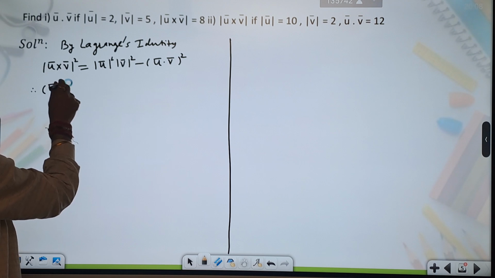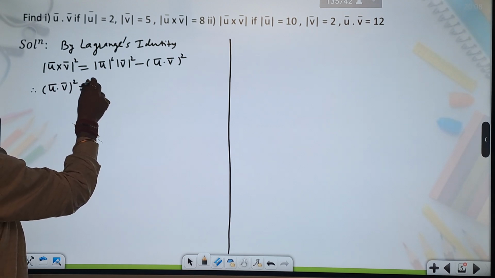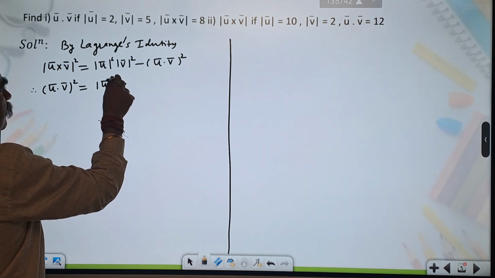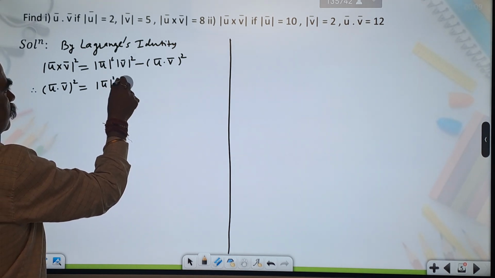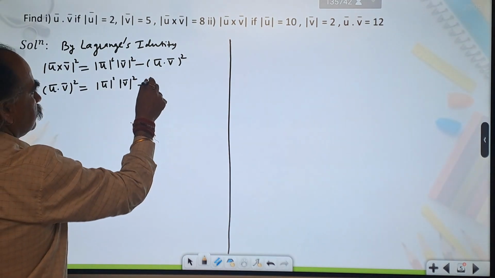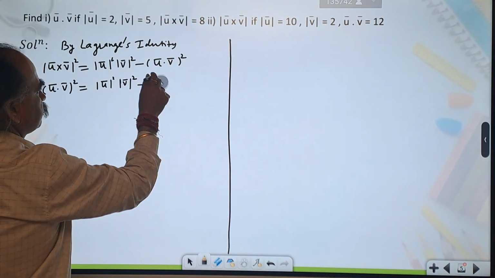So u dot v square is mod u square mod v square minus mod u cross v square.